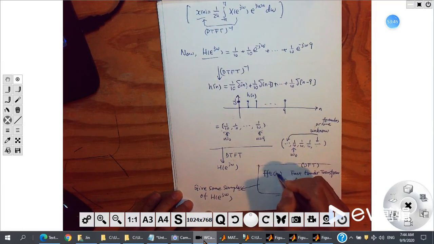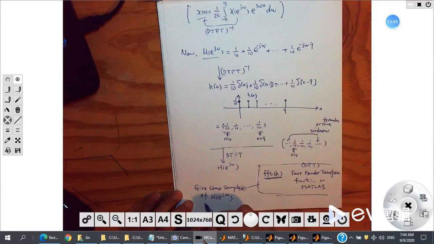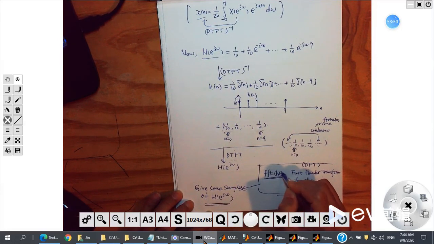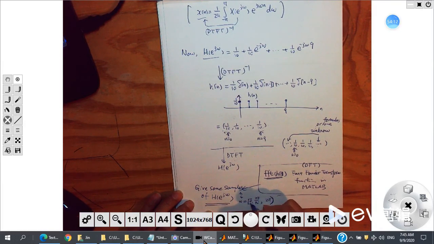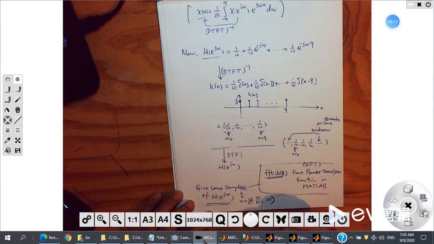The FFT of h of n gives some samples of capital H of e to the j omega. These samples correspond to frequencies from 0 to 2 pi with step 2 pi over n, and do not contain 2 pi. They contain 0 but not 2 pi, totally n samples. I use the MATLAB notation here.